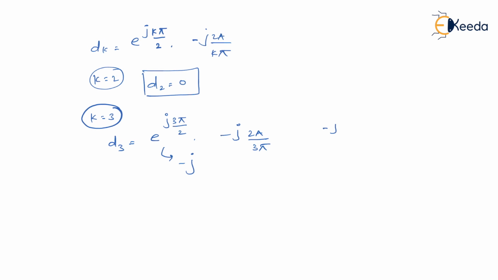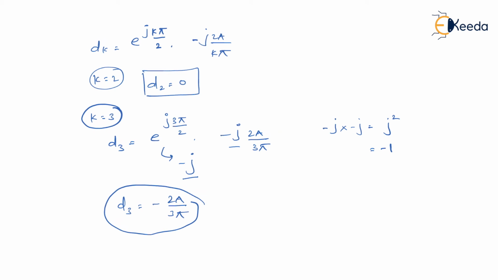In that case, minus j into minus j is j square, and j square is minus 1. Therefore, the product of minus j and minus j results in minus 1. So d3 is simply minus 2a upon 3 pi. Now observe carefully: do you think it is complex or real? Of course, there is no j now. It means it is also a real value.